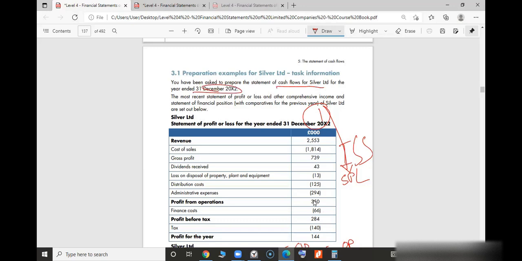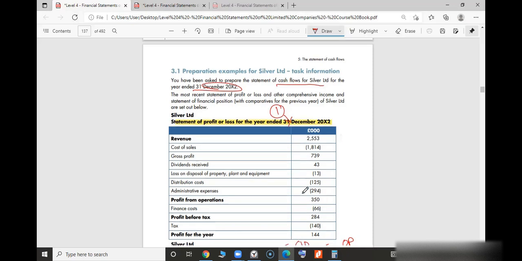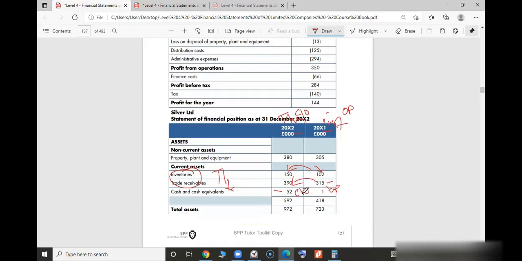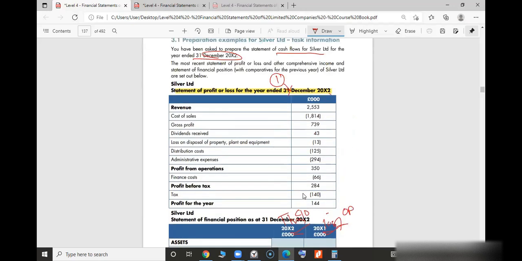So 2012 is your current accounting period. Last year, 2011, should be your opening, which will be given. Remember, I said one SPL and two SOFP, 2011 and 2012 given.